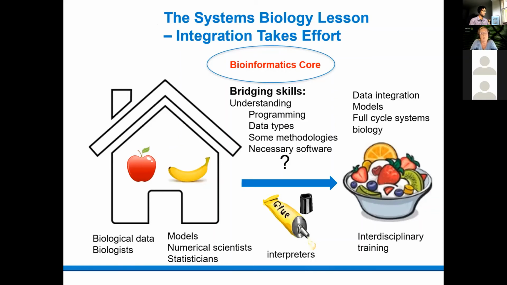And the glue might be the bioinformatics core, because the chances are you will understand the biological data, you'll understand some programming, you'll understand the data types and some of the methodologies that we use to generate the data. So you'll probably have a pretty good idea about where the errors are coming from as well. And this sort of information can have a huge effect on the type of research that's carried out.